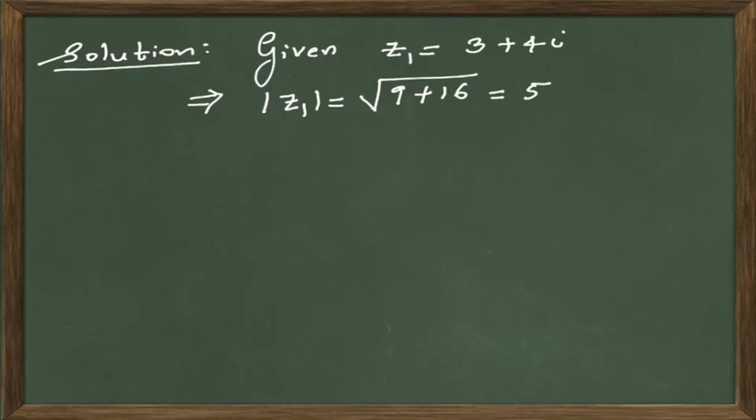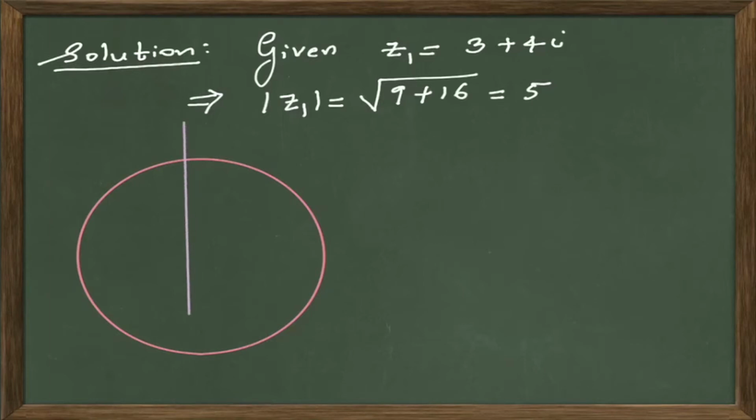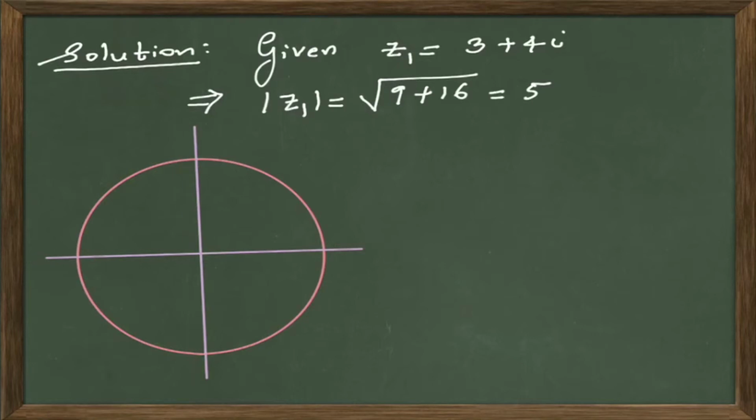This implies that the point P corresponding to Z1 lies on a circle of radius 5 centered at origin. Let us mark this point on the Argand diagram. So the point P lies somewhere here, which has coordinates 3, 4.